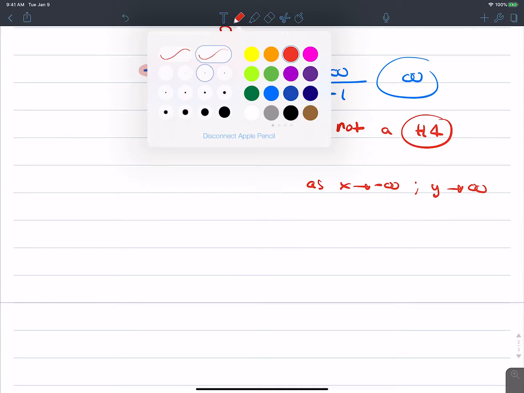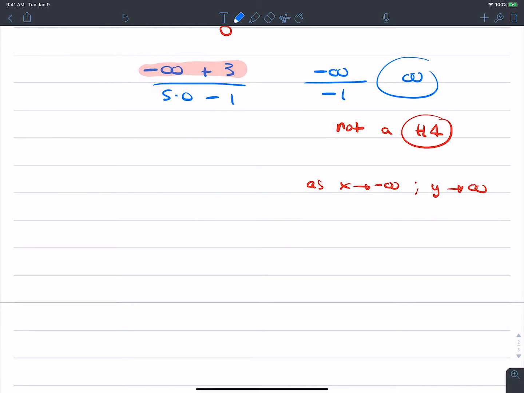So you have two situations that it can look like. It could look like this, or it can look like that. Let me get this a little better. It could be concave up or concave down for this end behavior.